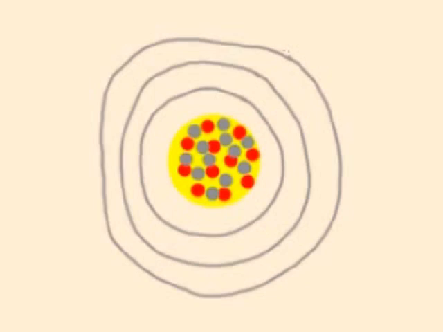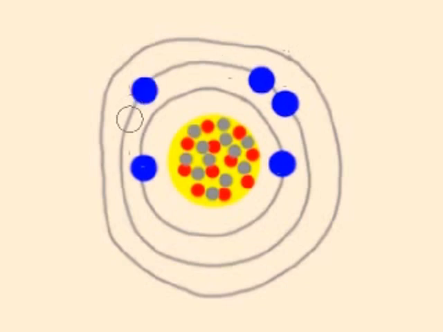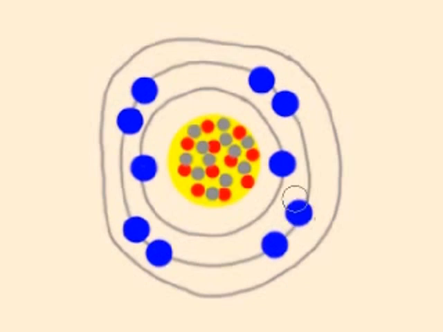The first energy level is full when it has 2 electrons. So 2 electrons go in the first energy level. The second energy level is full when it has 8 electrons. 1, 2, 3, 4, 5, 6, 7, 8. And so now that gives us a total of 10 electrons. And the last energy level is full when it has only 1 electron.